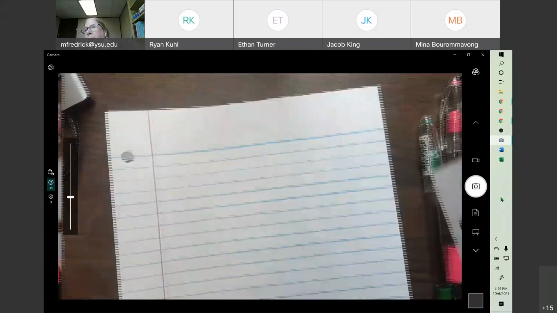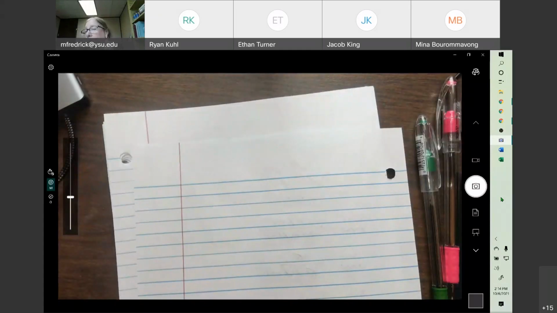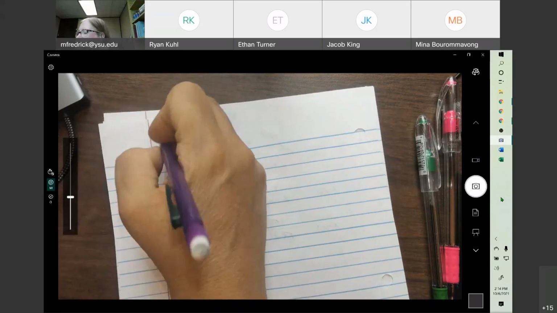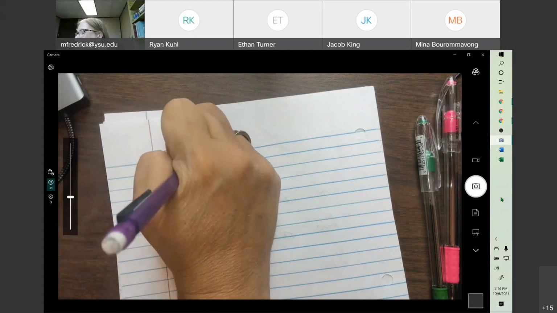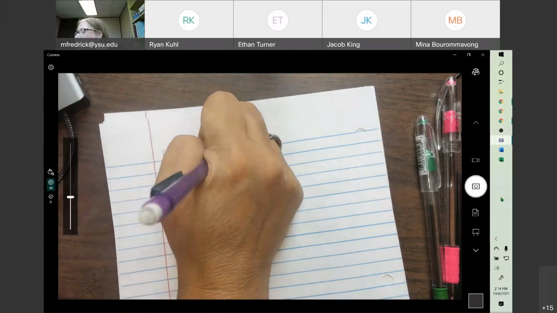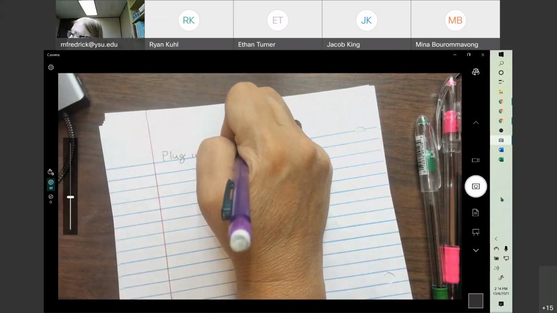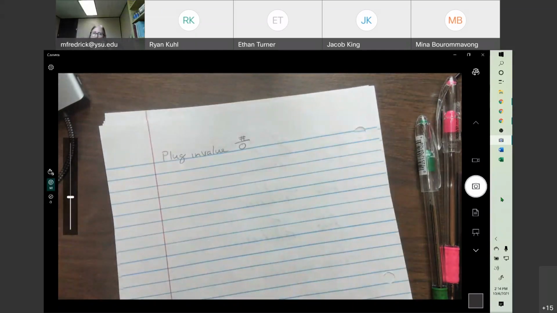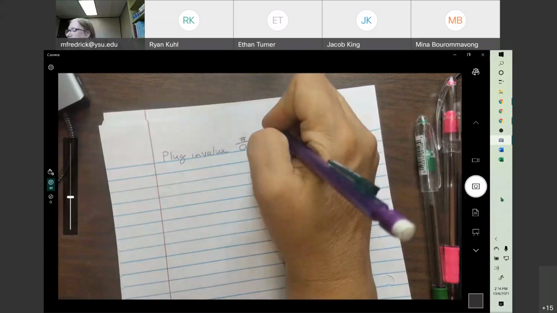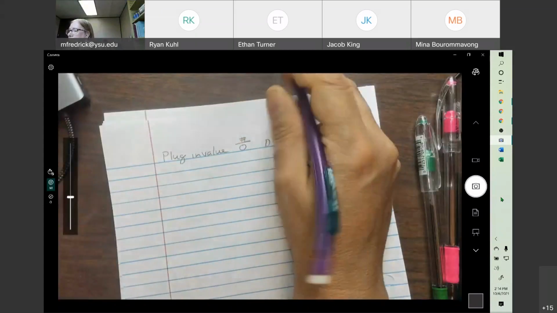We did when 0 was divided by a number, that was just 0. And 0 over 0. The other case, when you plug in the value and you get a number divided by 0, because we know we're not allowed to divide by 0. What happens is the limit does not exist.